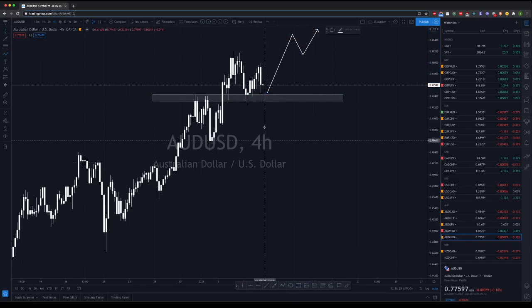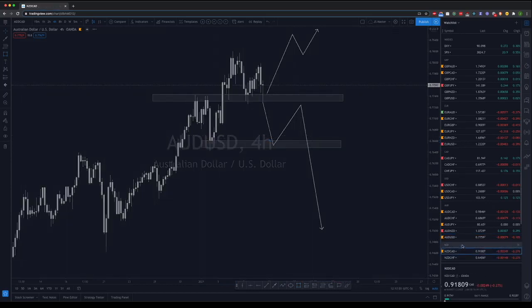Or it might just crash through, come back up, test this level depending on how hard it crashed, and then look for further drops. It could also crash through, bounce at this level, come back up, test, and then drop. Who knows? I'll just be keeping an eye on it to see how price plays out this week. Just keeping my options open.